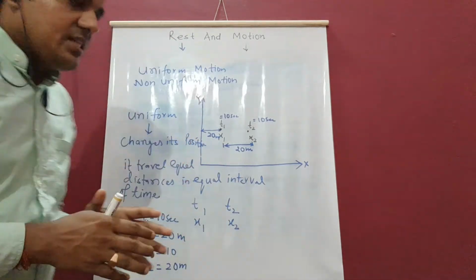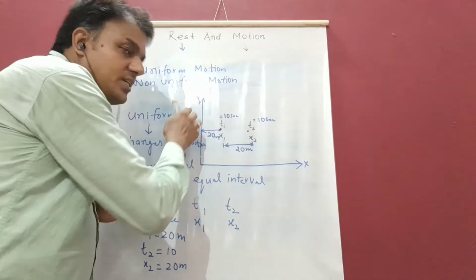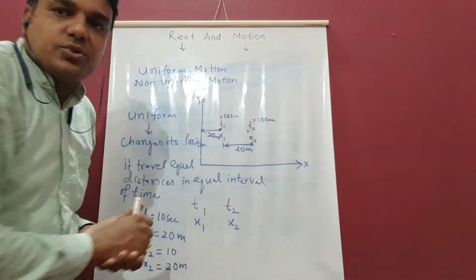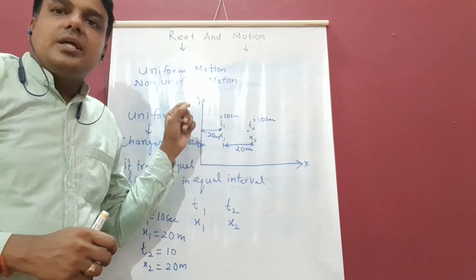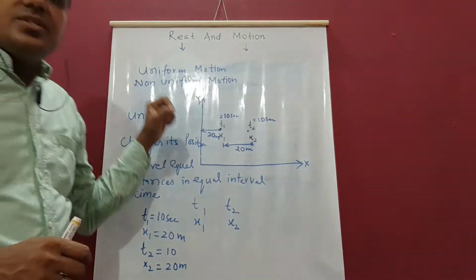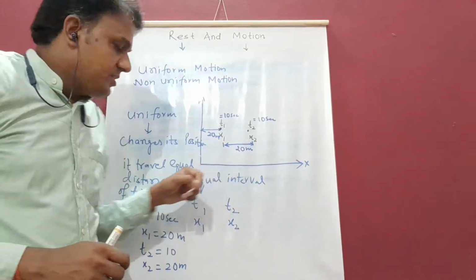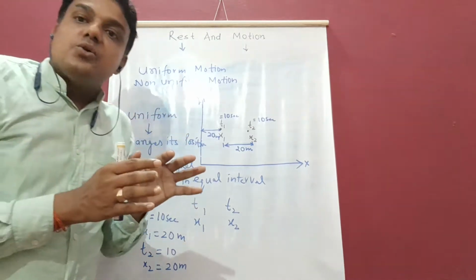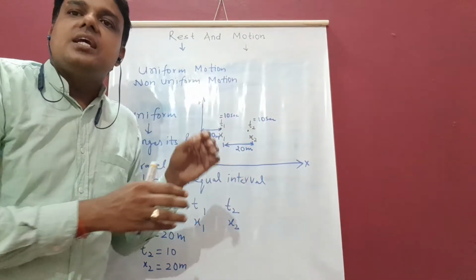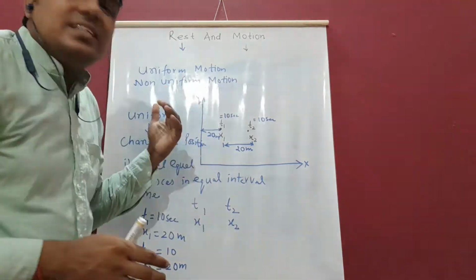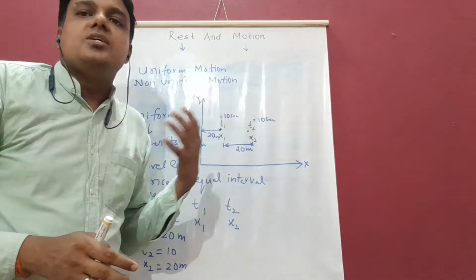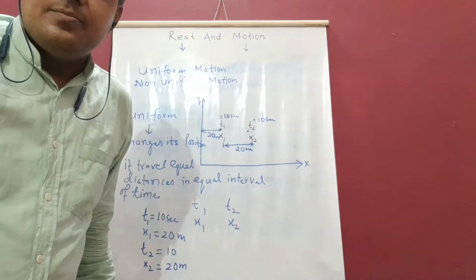Then we can say that this object is in uniform motion, because during its motion it always changes its position at a constant rate, that is, it changes its position by equal distances in equal intervals of time.